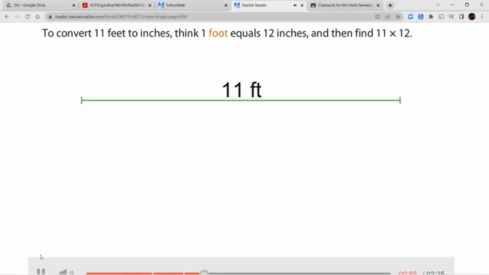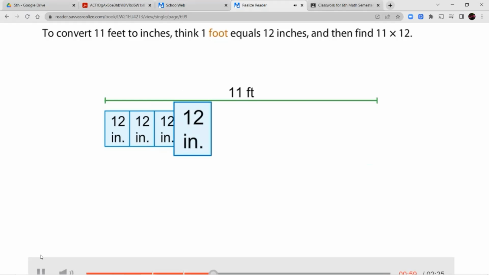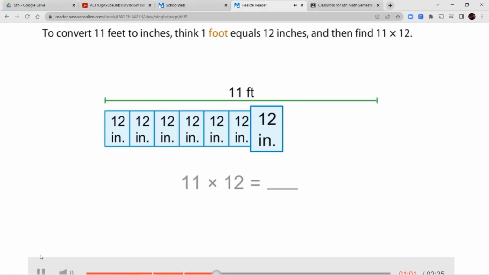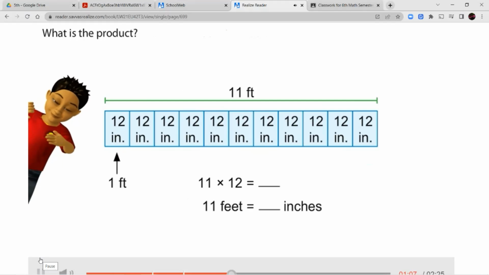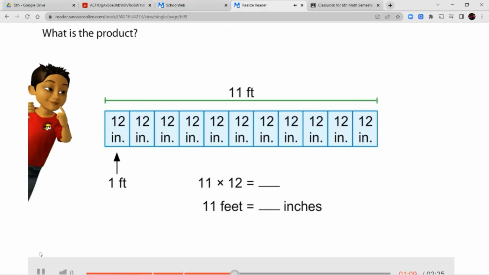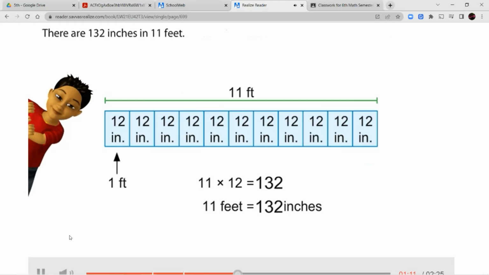To convert 11 feet to inches, think 1 foot equals 12 inches, and then find 11 times 12. What is the product? There are 132 inches in 11 feet.